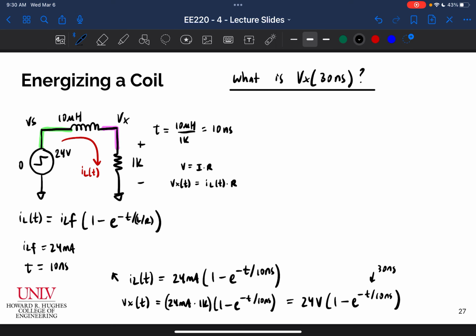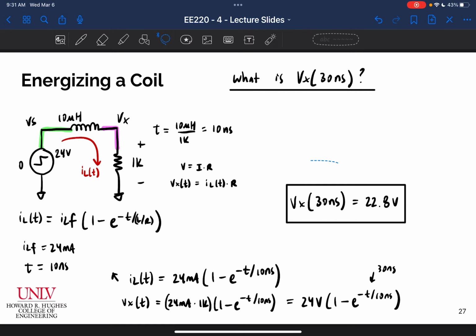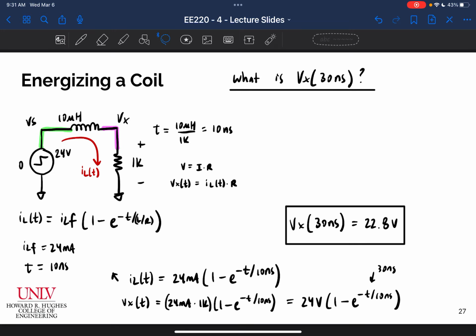So let me just do that real quick. I'll throw that in my calculator. 1 minus the answer, multiply by 24. And I get that Vx of 30 nanoseconds is equal to 22.8 volts.